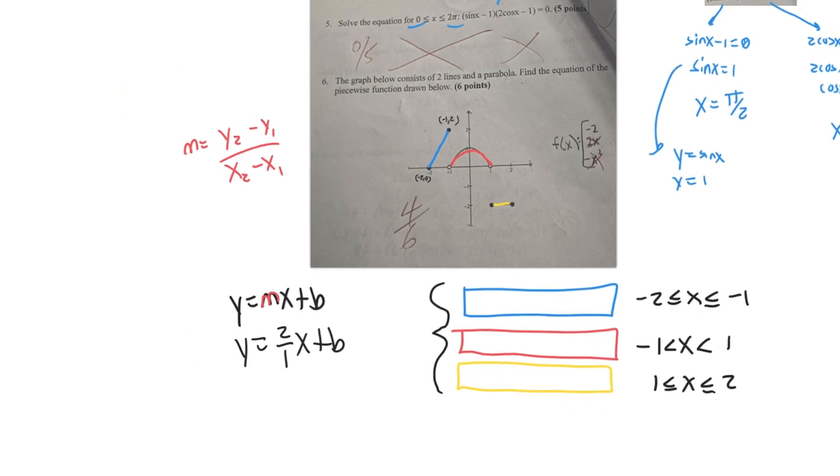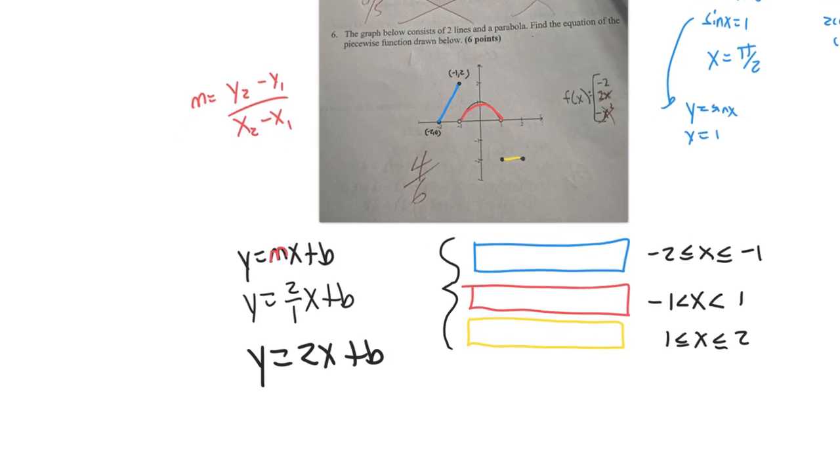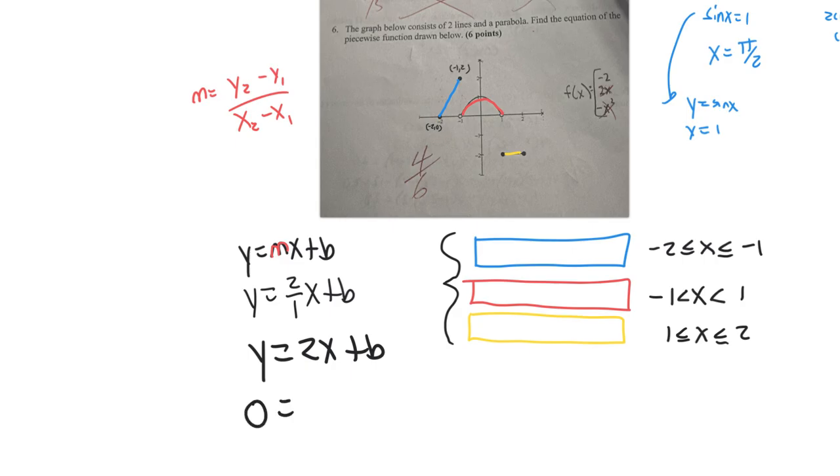Okay, but then we do not know what our y-intercept is, but we know that this is the equation of the line so far. So how could we find the y-intercept? Well, it's actually pretty easy. You just pick one of the points, for example, -2 comma 0, and you plug 0 in for y and -2 in for x.